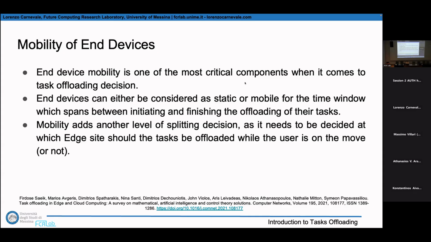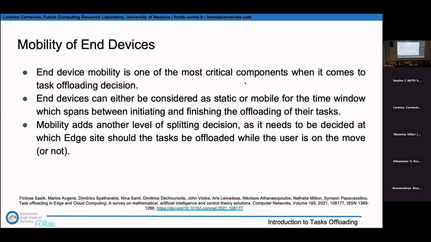What are the cases? Just to make another example: autonomous driving. Take a famous car like the Tesla, which typically makes computation locally. But if something is not doable locally and needs to be offloaded to an edge site, the edge sites for autonomous vehicles are typically like base stations deployed at the border of the street. And while the car moves, the base station changes according to the position of the car in the street.